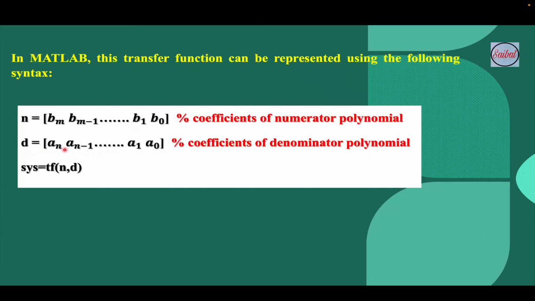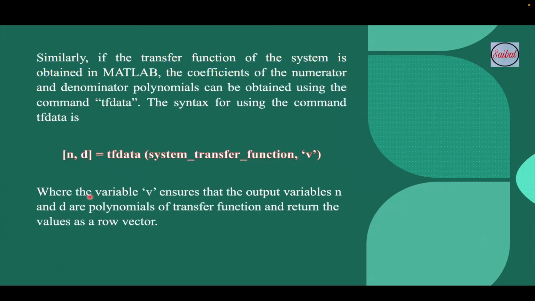So d equal to a_n down to a_0, and then you have to remember this command, that is the transfer function, the tf. So just write tf in brackets n comma d, where n is the numerator coefficients and d is the denominator coefficients, and then you can easily find the transfer function of the system.